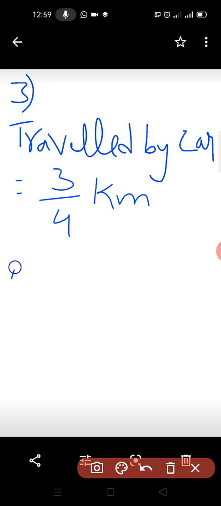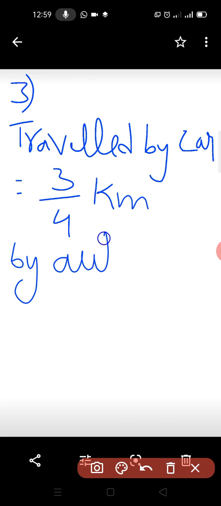So simply I am writing, by auto is 1 by 2 kilometers. Next, she walked 1 by 7th of a kilometer.